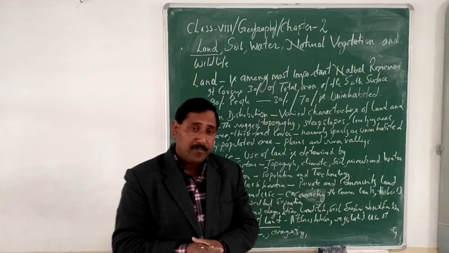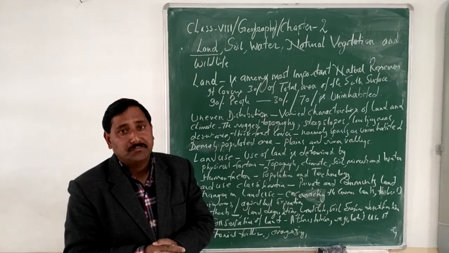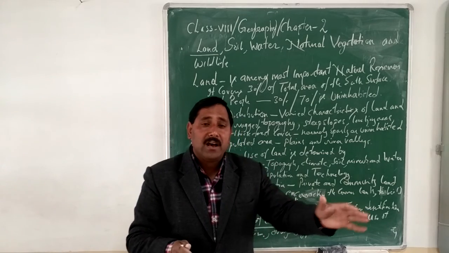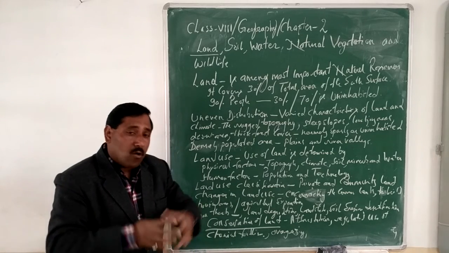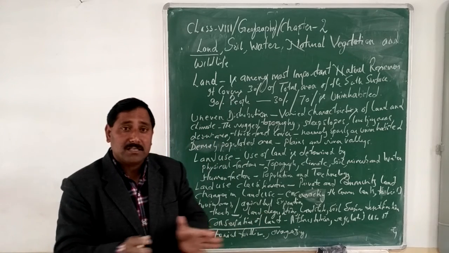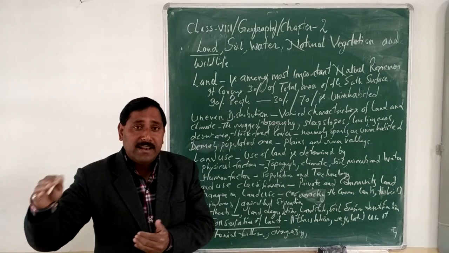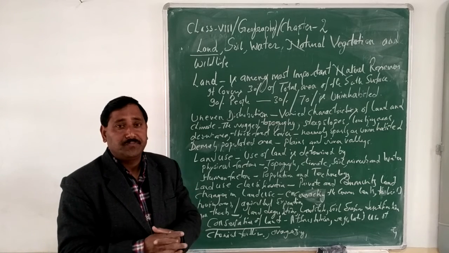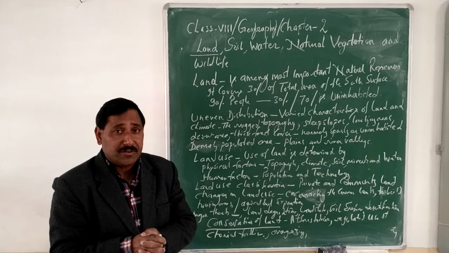Think in your mind, what kind of terrain are you living in? Some of you must be living in plain areas. Some of you must be living in mountainous areas. Some of you must be living in valley areas. So people are living on different types of land, and that makes it interesting.